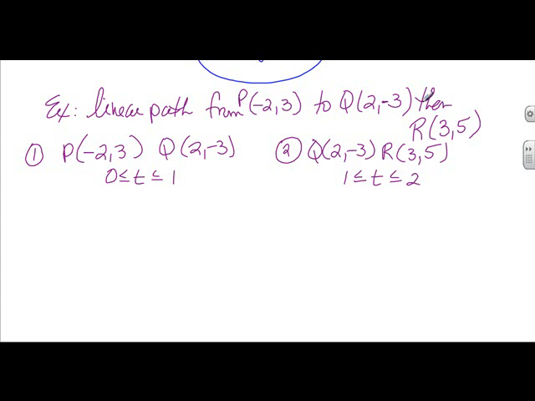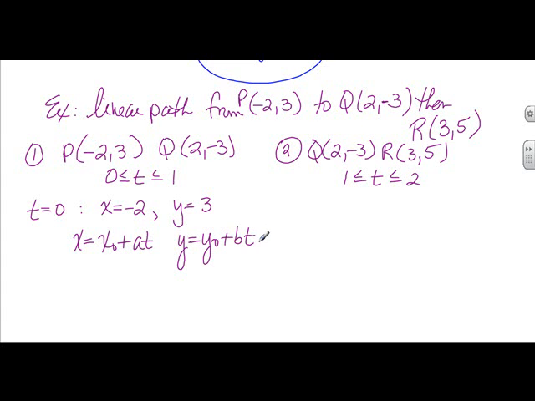So here's how I'm thinking about this. When t is equal to 0, I need the x coordinate to be -2 and the y coordinate to be 3, because when t is equal to 0, the object that's moving is going to be located at point P. So if I'm thinking about x equals x sub 0 plus a times t, and y equals y sub 0 plus b times t, and I plug in 0 for t and -2 and 3 for the coordinates.